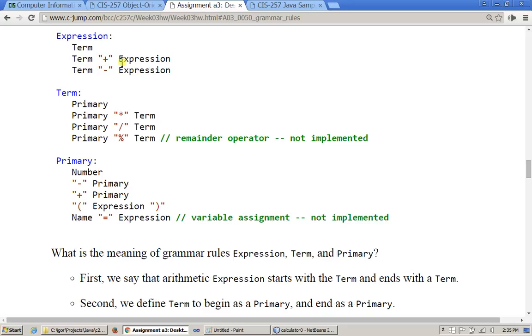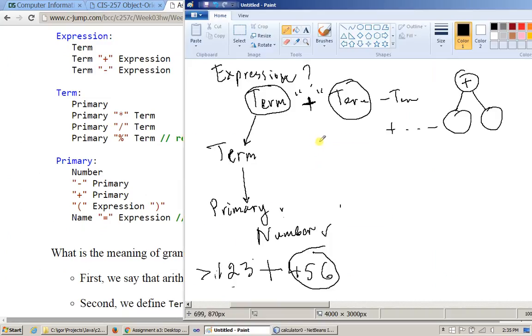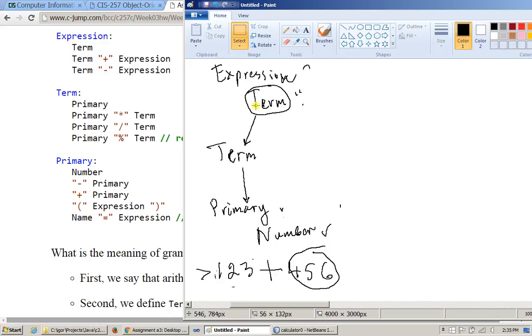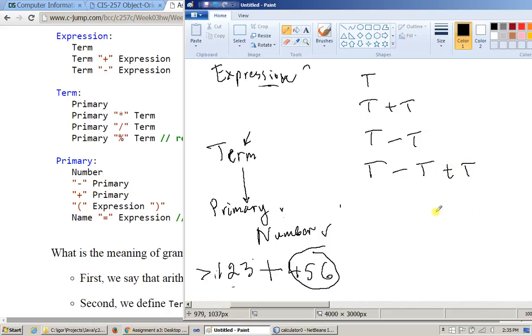As a result, the expression should be able to successfully deal with inputs such as term plus term, term minus term, term minus term plus term, and things like that, right?